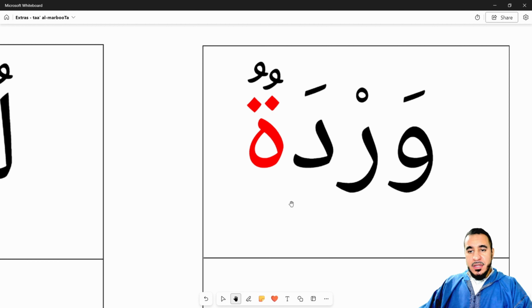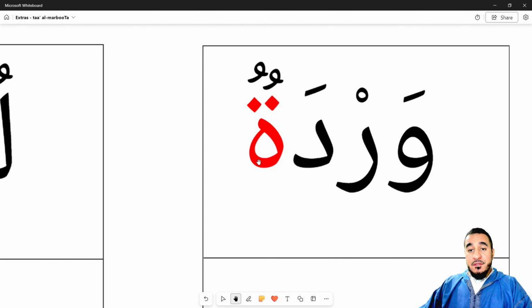So again, if the letter before the ta al-marboota does not allow for the letter after it to be physically attached, like the dal, then we will have this shape for our ta al-marboota.